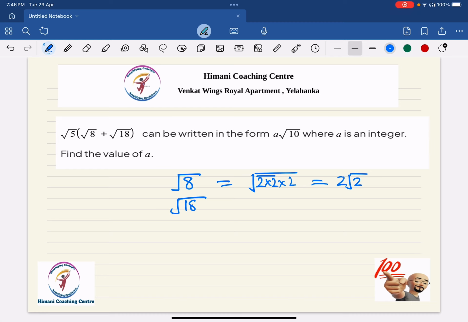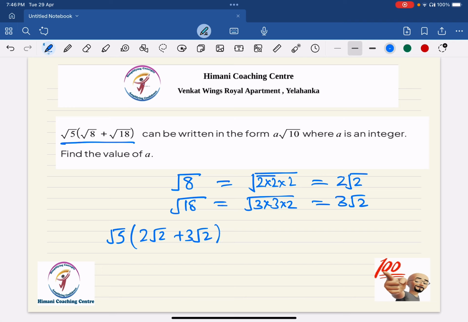Likewise, root 18 can be written as 3 into 3 into 2, so it is 3 root 2. Now this whole thing is root 5 times (2 root 2 plus 3 root 2). Remember, in surds, if the irrational part is the same, addition and subtraction is possible.